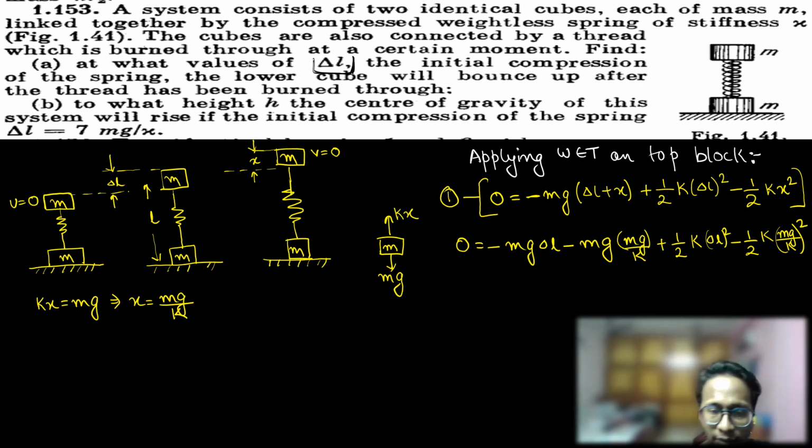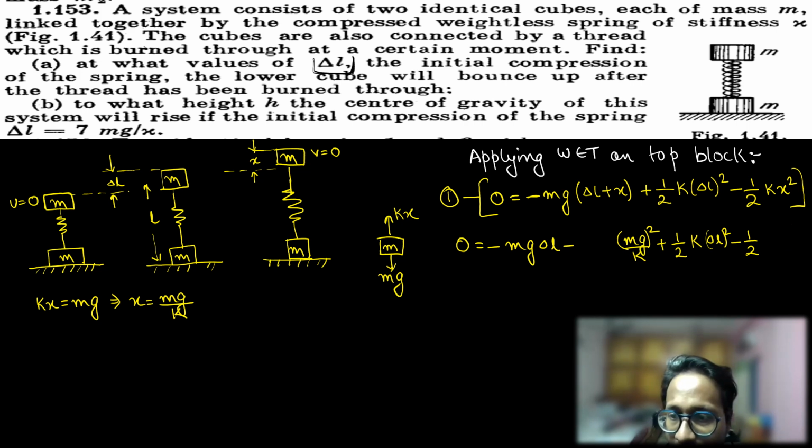Now this mg and mg would become mg square. Out here k and k square would get cancelled, and it would become 1 by k, and become mg square by k.